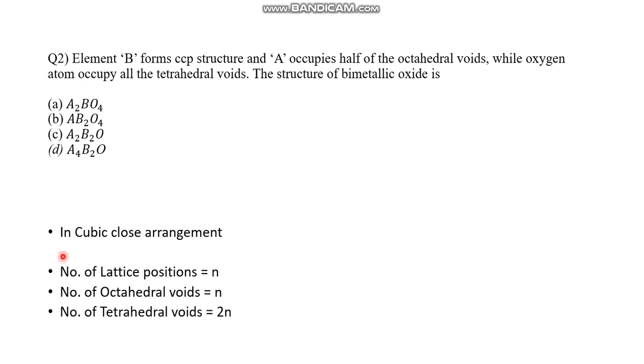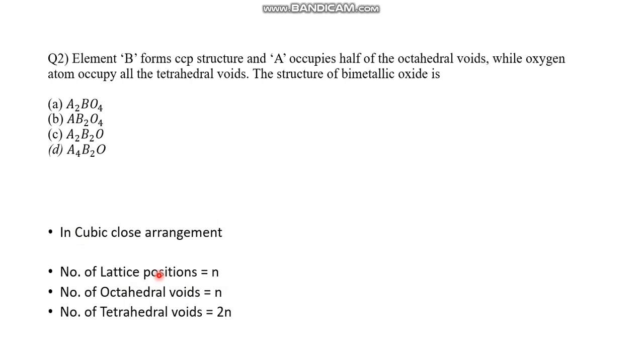Okay, so before moving ahead and starting to solve the question, let us try to understand the lattice arrangement of the unit cell. Generally, in cubic close arrangement, whenever the packing is cubic close, the number of lattice positions available, or the number of atoms which can occupy the space, is n.